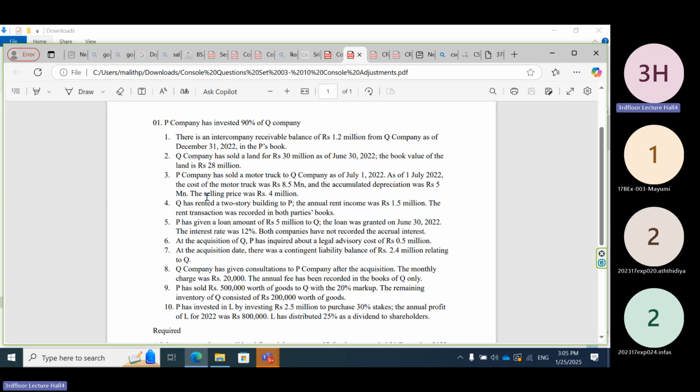And this one, intercompany building rent need to be considered. And at the acquisition, if there's a contingent liability or consideration fee, how we are going to treat. These are the small things we need to discuss. Then we can do full question. Right? Then you can do full question.